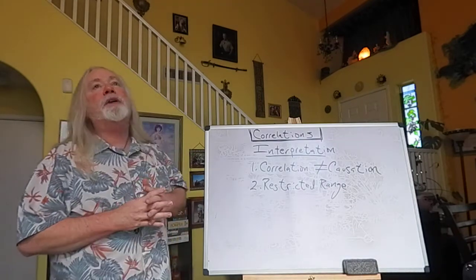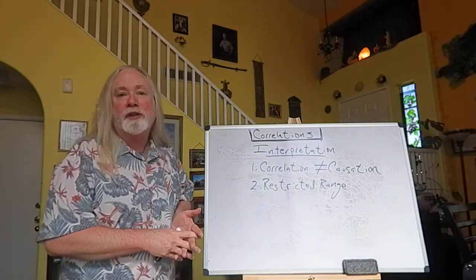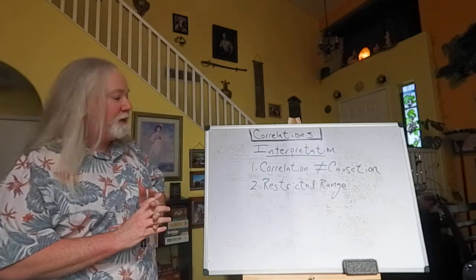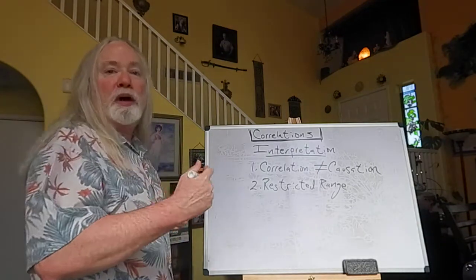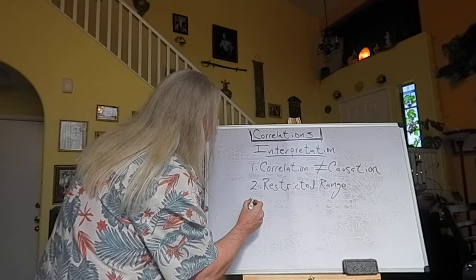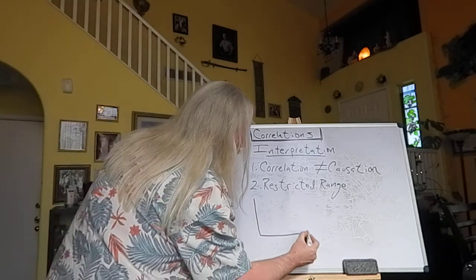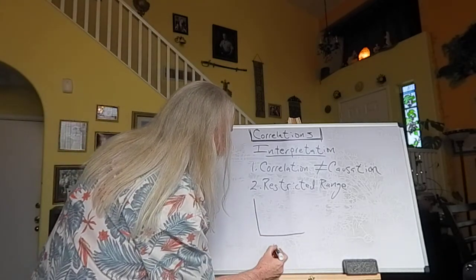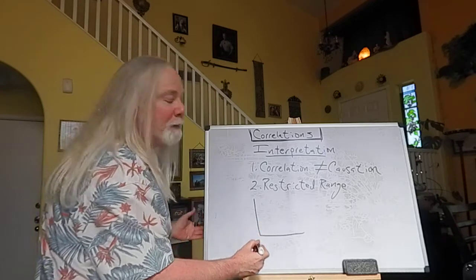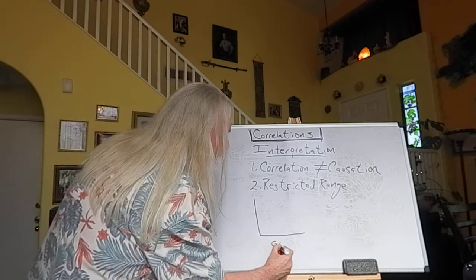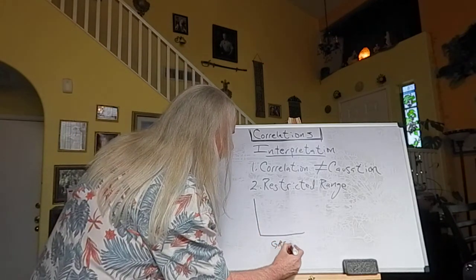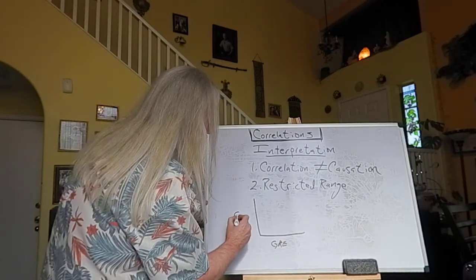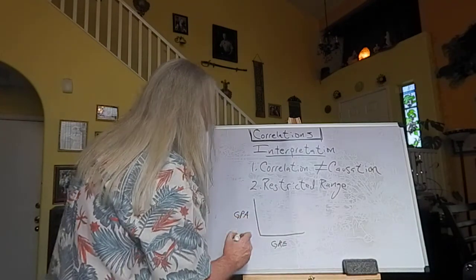So let's think about, we talked about college entrance exams and GPAs, your grade point average in school. Let's say that we are looking at, to get into graduate school, a common test called the GRE. So let's say you've got your GRE scores here and your GPA over here.